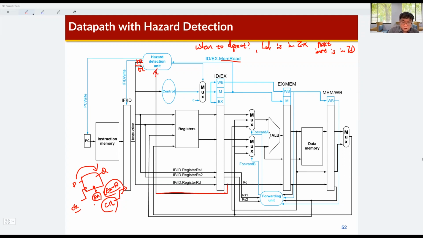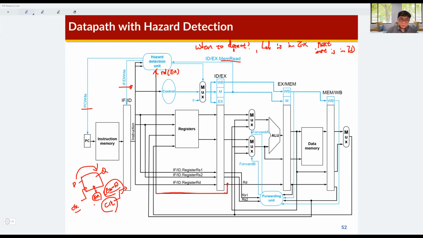This is the RD, and this RD is from the EX stage. As you can see here, RD is here, and RS1 and RS2 are here. And this hazard detection unit generates two control signals: the PC write, and the instruction fetch and instruction decoding write signal.